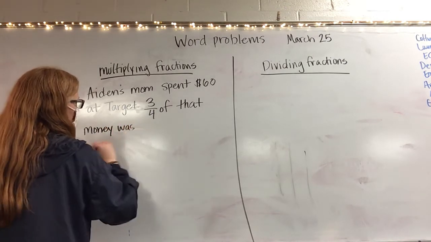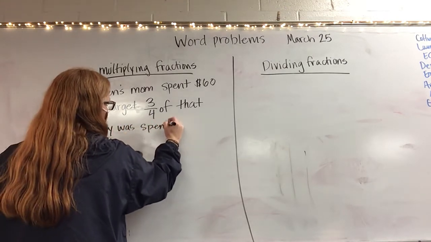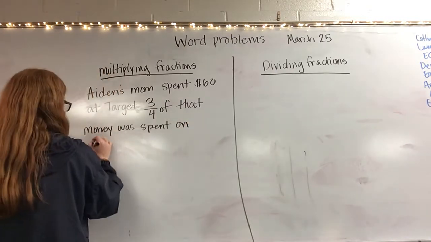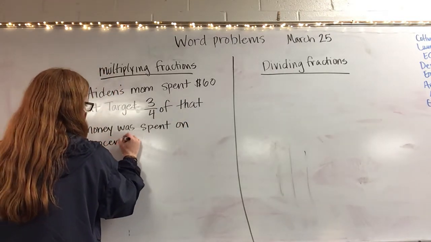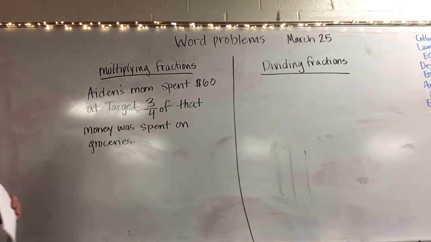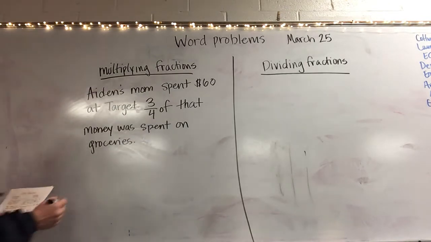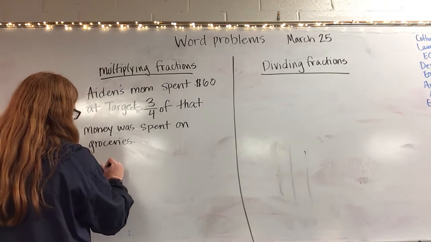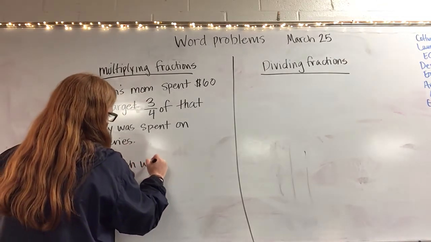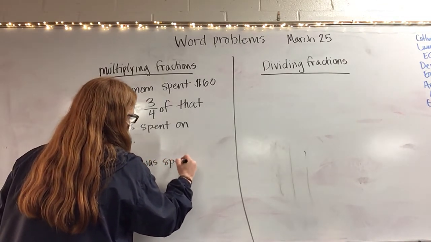That's okay, I'm going to stop. You know, I write quick and then I move and we talk while you have time to write it down. Okay, then it says how much was spent on groceries.